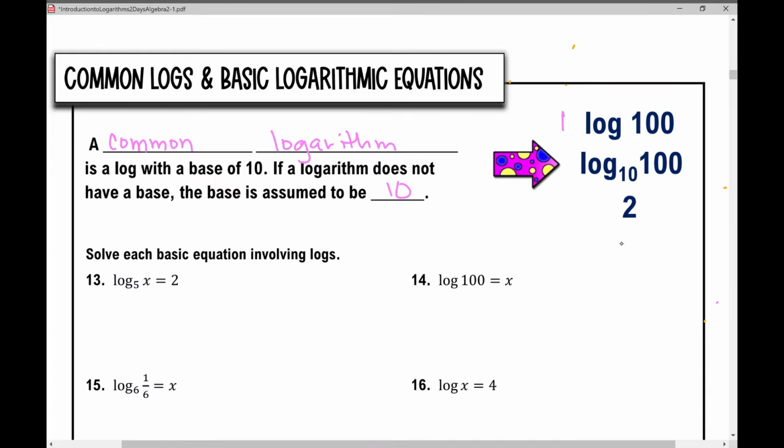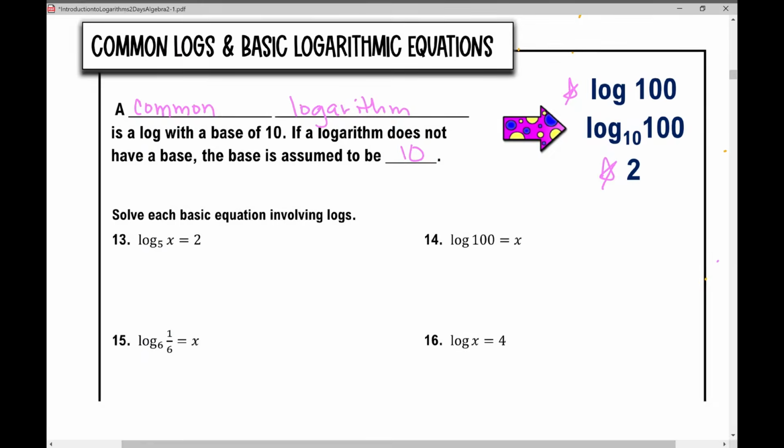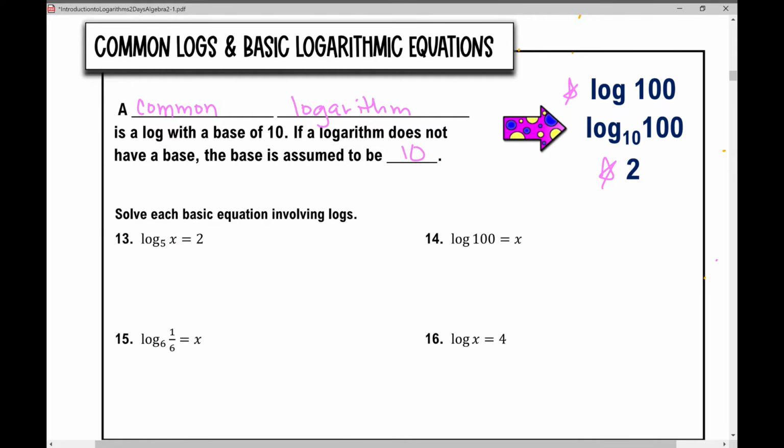So let's say something is written like this, log of 100. Well, that's the same thing as log base 10 of 100. So there's assumed to be a base of 10 if nothing is written there. Which means 10 to the power of what is 100? 10 to the power of 2. So the log of 100 is 2, and I can just simplify it like that. So just note that if there's not a base there, it's 10.